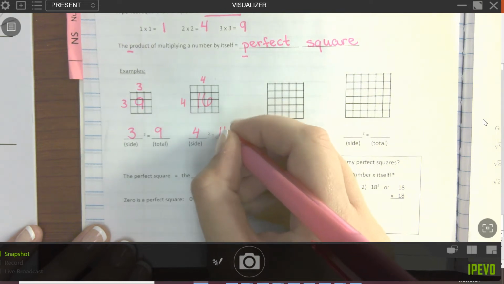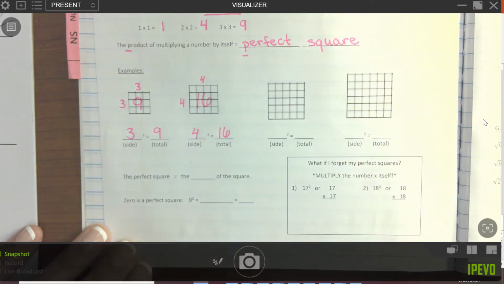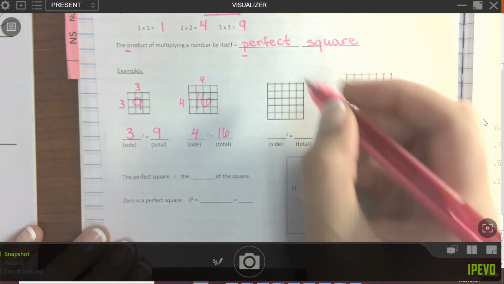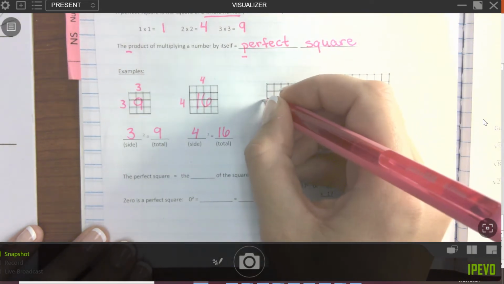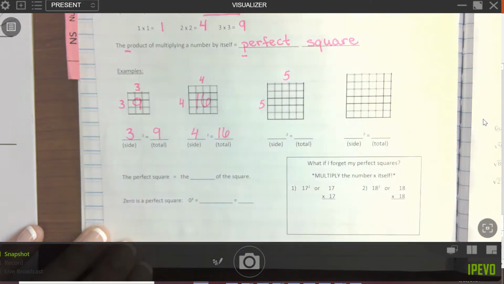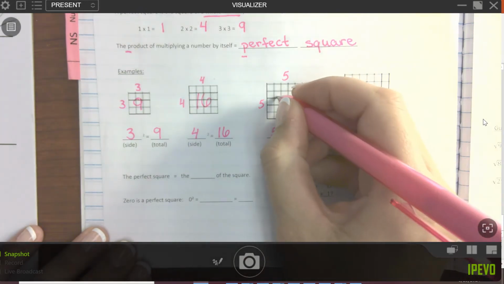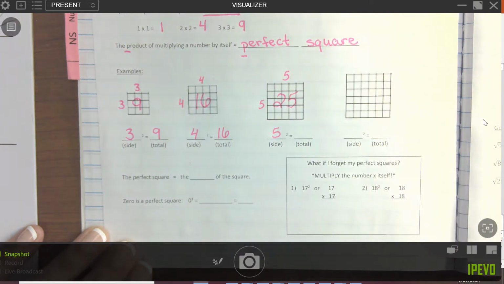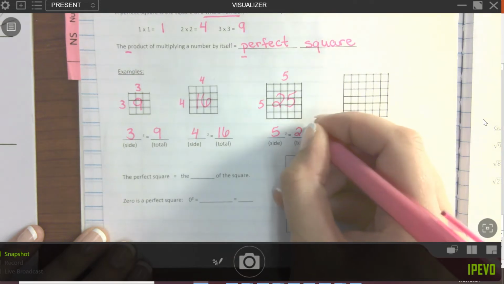So we were looking at comparing our side length to the total number of squares or tiles within our bigger square. Next one, you would have a side length of 5, both directions. So I'm going to square my side length to figure out the total number of squares that we have, which if you count all of these up would be 25. So 5 squared is 25.